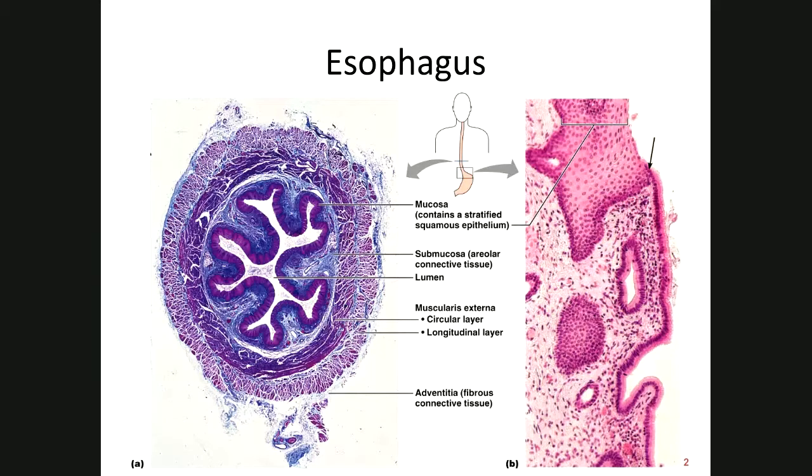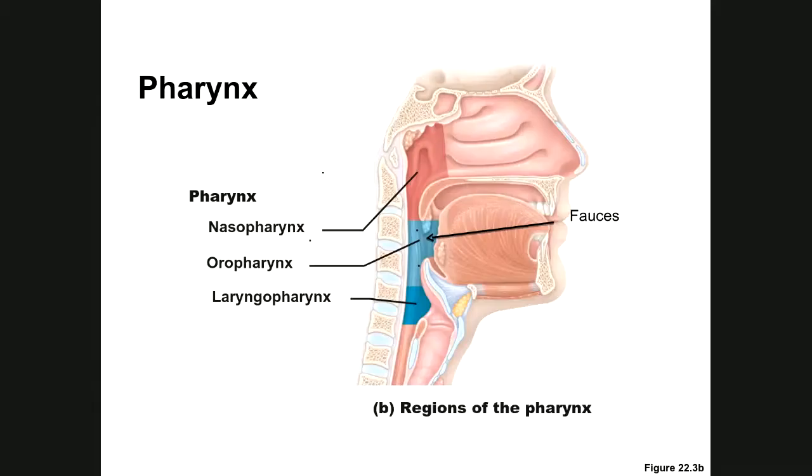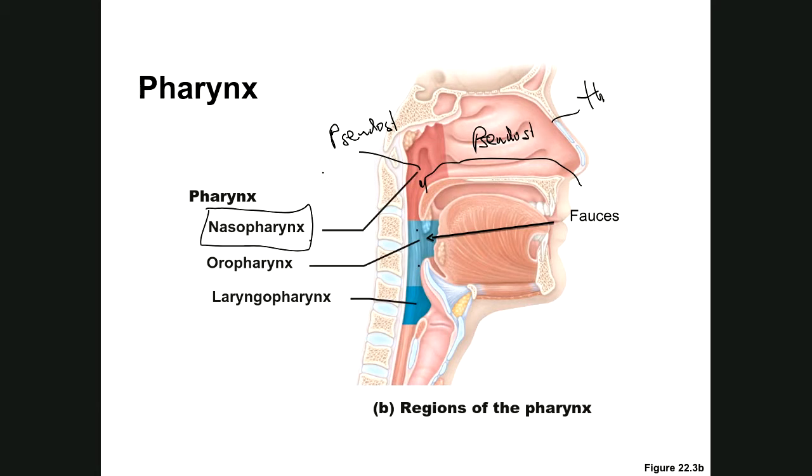The nasopharynx is the same kind of tissue that you have here, which is pseudostratified columnar. This is also pseudostratified because the only thing that's supposed to go through here is air. So air is supposed to come in your nose and go this way. There should be no food going through here. And so this tissue is very thin and delicate.